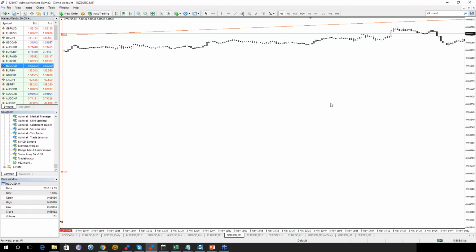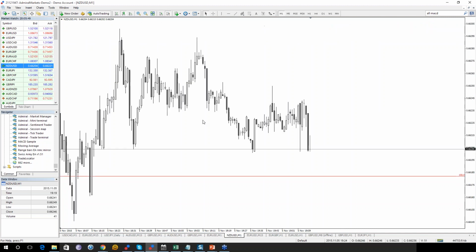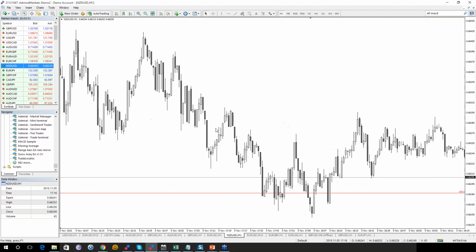Now look, I opened 1 minute and, okay, even 1 minute has a trend. Look, this is a trend on 1 minute. So always think which time frame you want to trade. And then you make your decision. This is how you do it, no matter the time frame. The principle is the same.